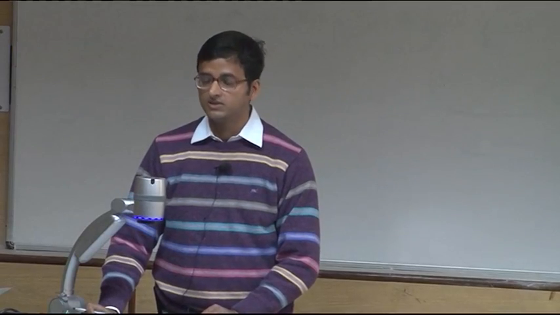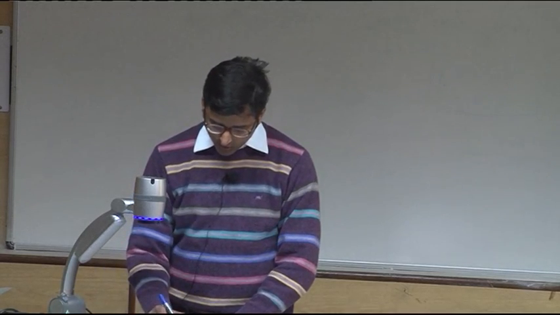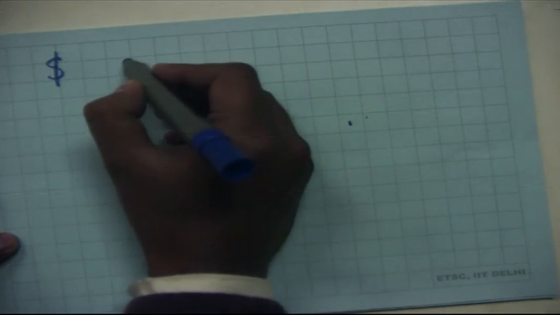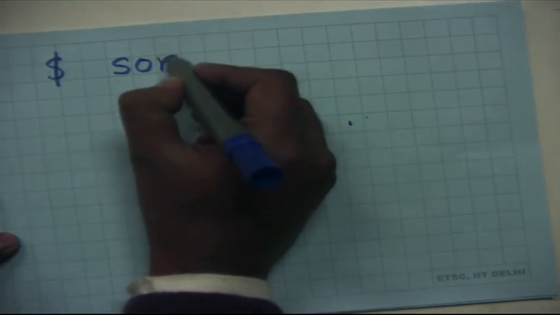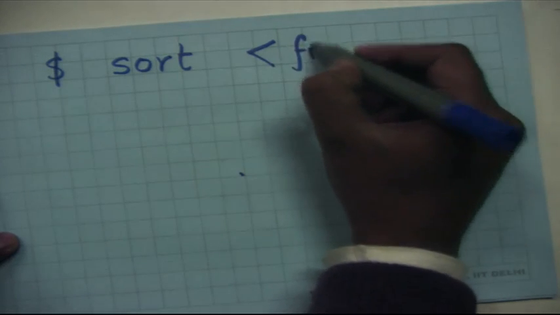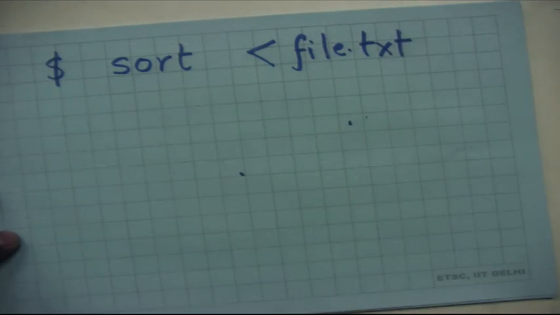Now let's look at more interesting Unix abstractions. So let's say I have a file called file.txt, and I have a utility which takes the file and sorts it. Right?